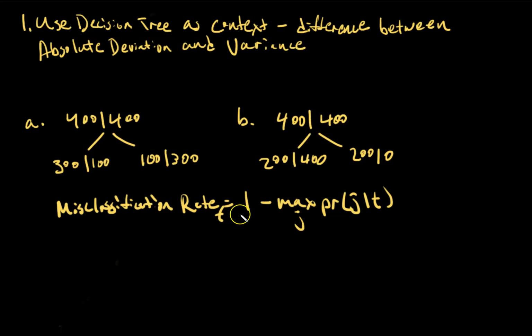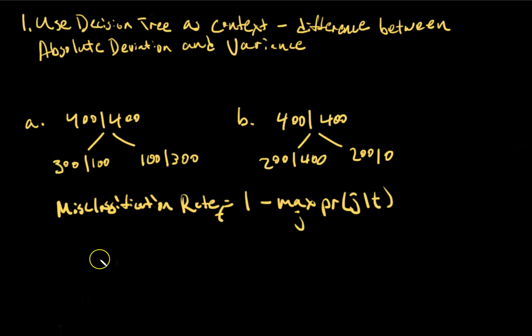So this is saying to go into a node, look at the majority class and represent that as a fraction. Subtract it from 1, and that'll be what's called the misclassification rate. This implicitly assumes that the majority class for a given node is the correct class, quote unquote. Anything that's left over is the thing that's not correct, or that's dirtying the node, so to speak.